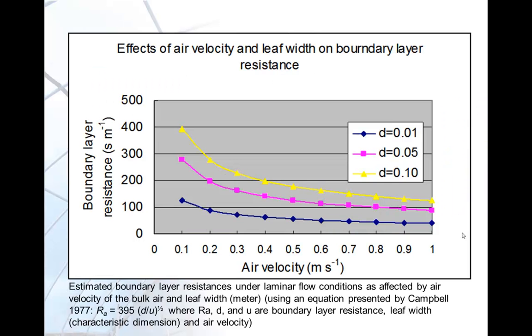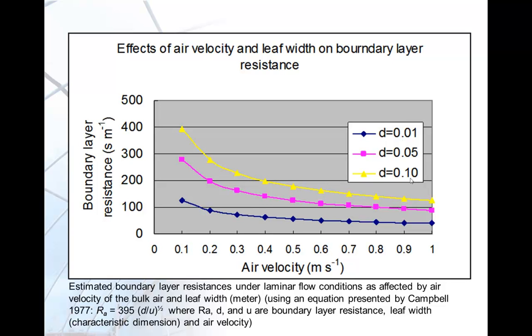So this one is a theoretical relationship between boundary layer resistance or thickness and velocity. This is bulk air velocity, above the boundary layer. Another factor included in this chart is the leaf width, the size of the leaf.